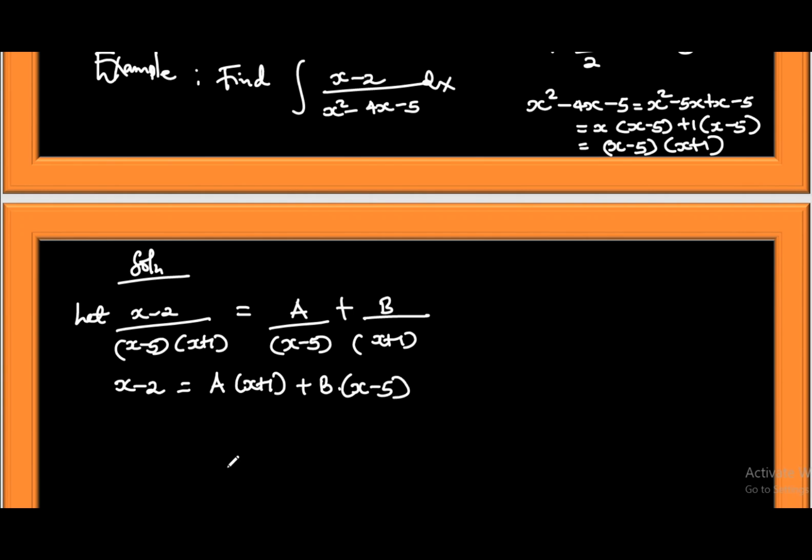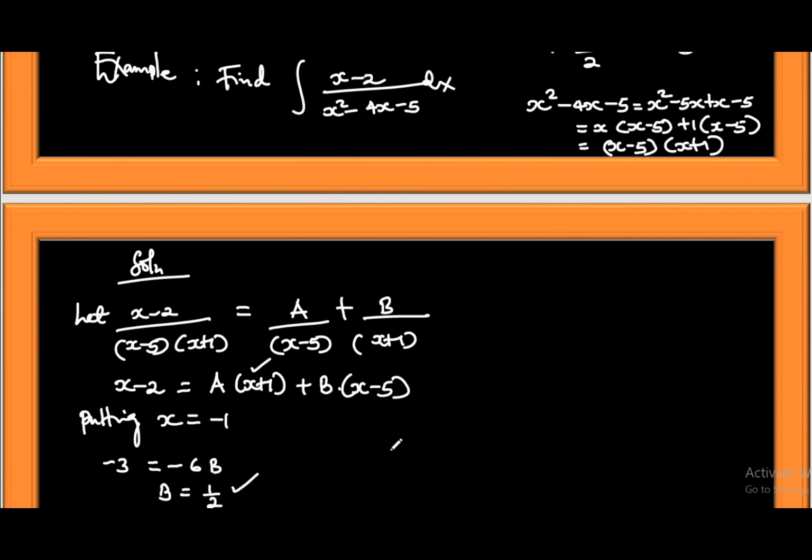So when you look at this, it means now we can comfortably begin by substituting x equals to -1. If you put -1, which is obtained from equating this factor to 0, we shall have -3 on the left. And on the right, we shall have -6b. When you do that carefully, the value of b becomes a half.